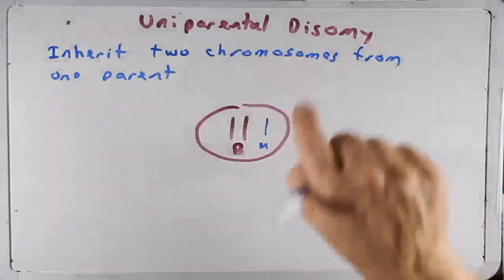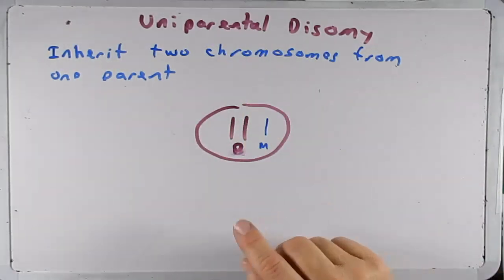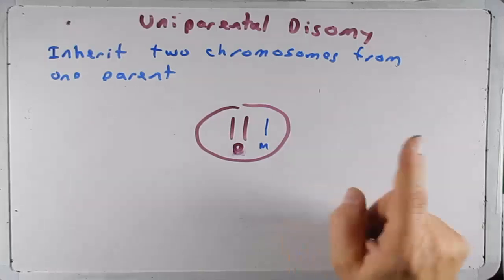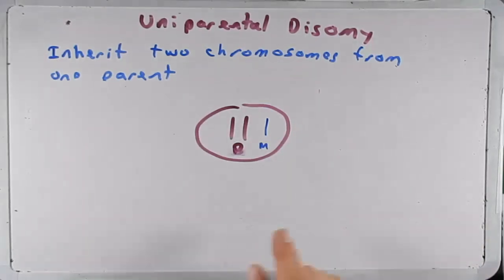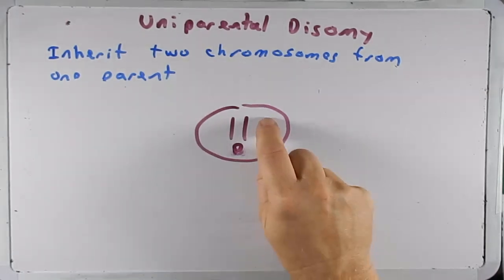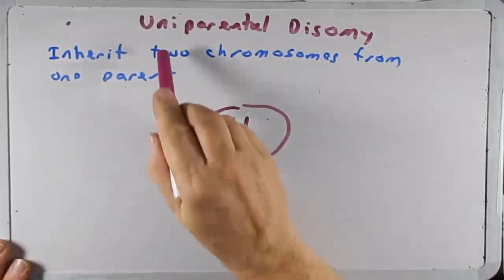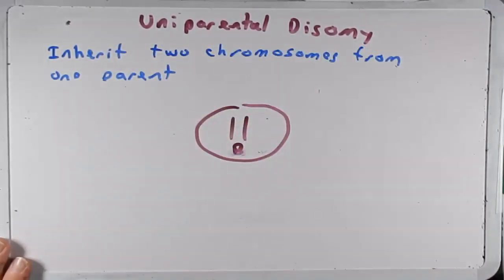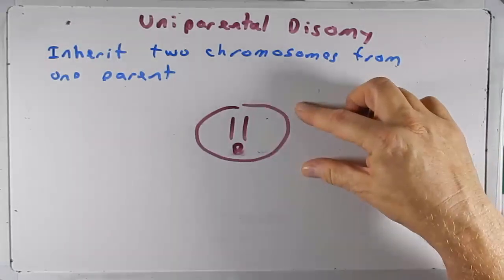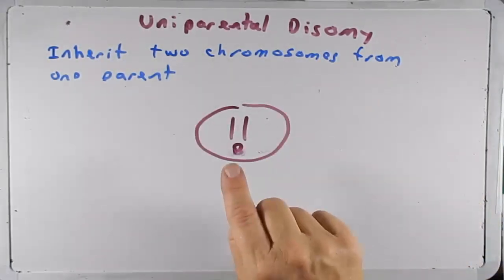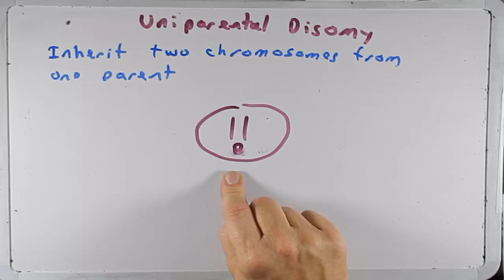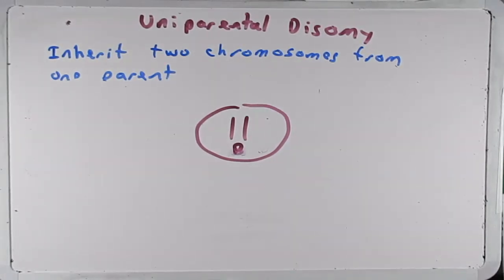But you can get uniparental disomy because sometimes very early in embryonic development, one of these chromosome 21s is recognized as being dangerous and it's removed. If you happen to remove mom's, then you only have 2 copies from dad. That would be an example of uniparental disomy. Again, it can go either way, and it can be with any chromosome.